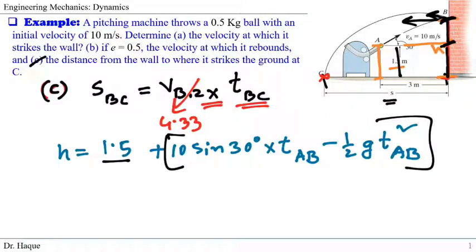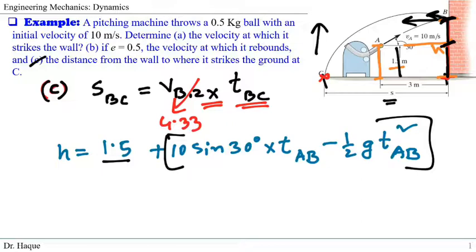So how can we find the height movement in the y direction? h equals ut minus half g t squared. u is the initial velocity multiplied by the time, minus, because gravity is downward and movement is upward, so we put negative half g t squared. What time should we use? Should we use TBC, which is this one? No, because that's what we are looking for.